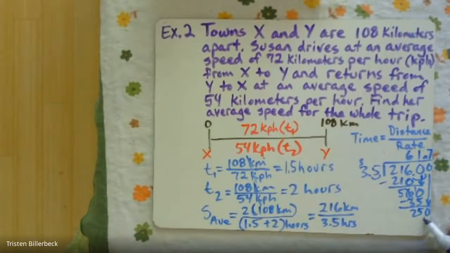So 7 times 5 is 35. And then that's 21 plus 3 is 24. And we subtract and we have 5. So it's going to round to about 61.7 kilometers per hour. Okay, so that was a tough one.